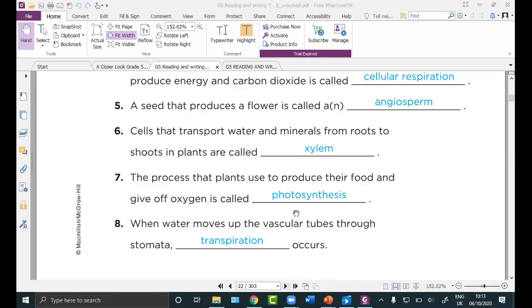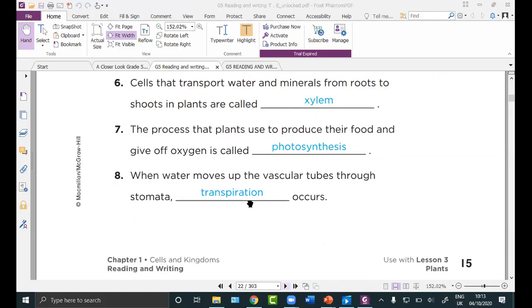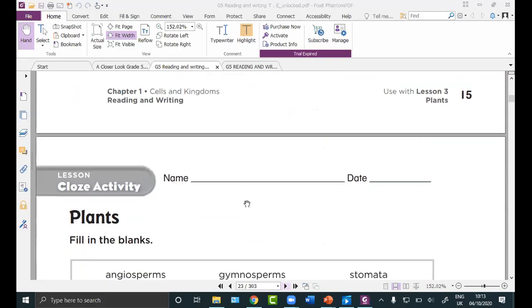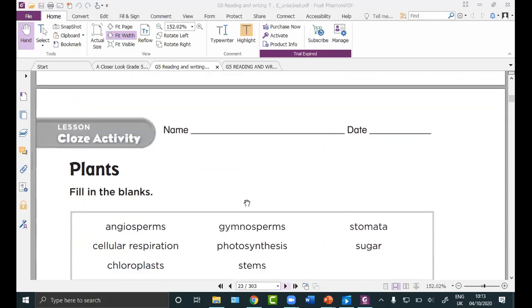Okay. I finished, mister. Thank you. Now, page 16.